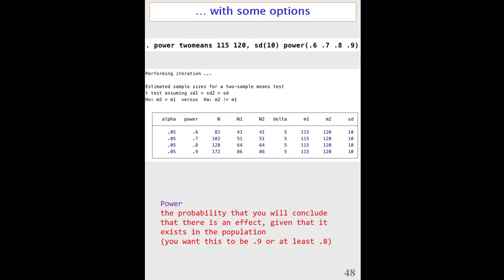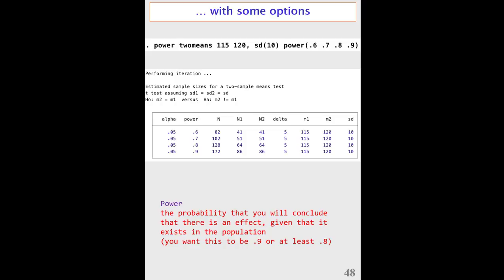And here you see, where we have that, total n, 82, all the way up to 172. And here, these are the subpoints for the groups, for increasing power value. So the more certain I want to be, the larger my sample size is supposed to be. If, for some reason, sampling is very cheap, and I might want to go above 0.9, even to 0.95 or 0.99, who knows, then I can calculate also how high that sample size should be.